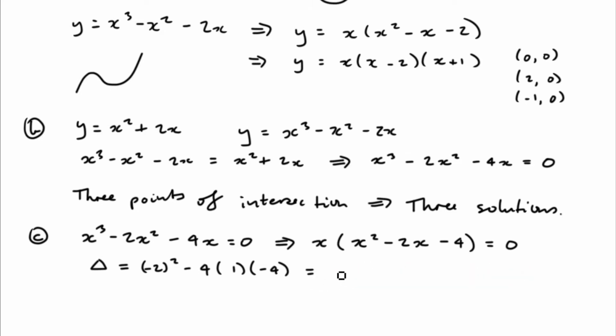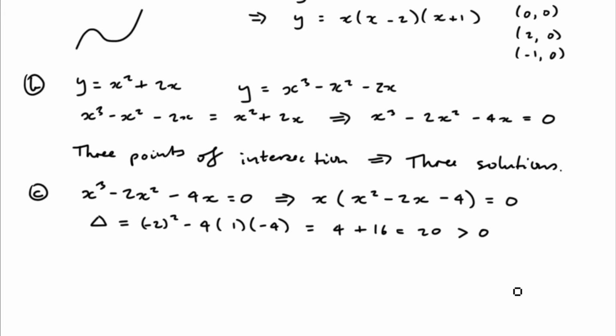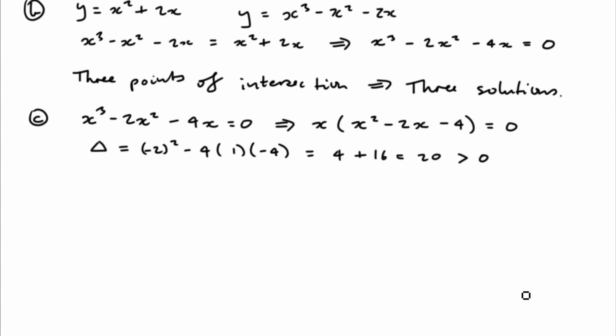That is going to give us 4 plus 16, which is 20. Now the fact that this is greater than 0 means that it does have 2 solutions. Of course we already know that because there are 3 points of intersection and we need to find 3 solutions. But this is not a square number, so this is not going to factorize.